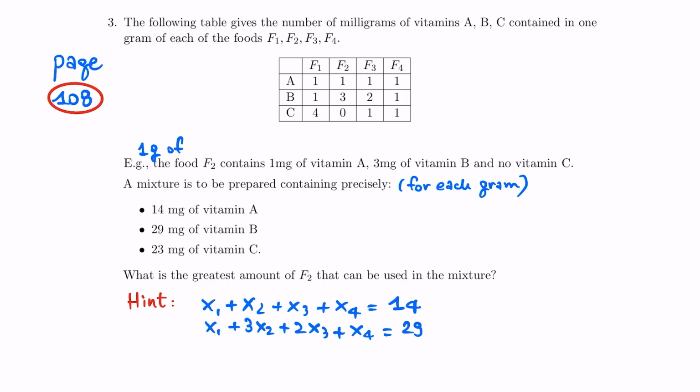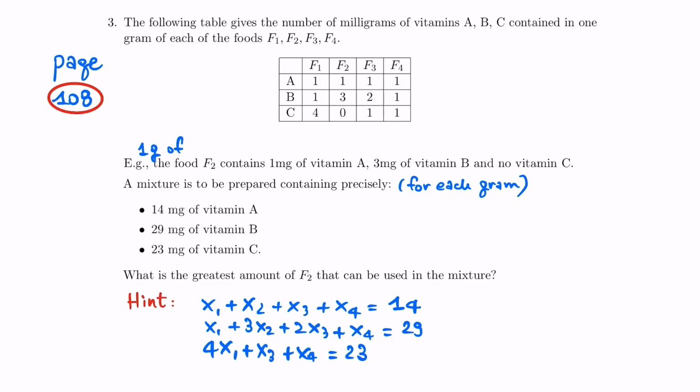We have understood the game, and so the third and last equation that we must write is 4 times x1 plus x3 plus x4 equals 23. Again, this is because we want 23 milligrams of vitamin C, and the amount of this vitamin that is offered by the foods is written here.